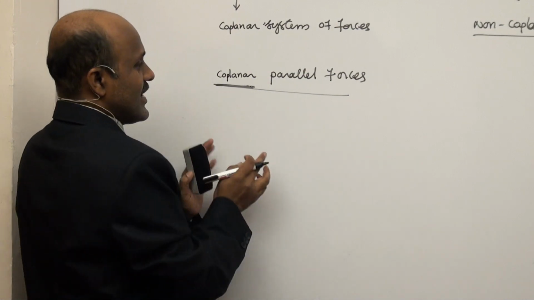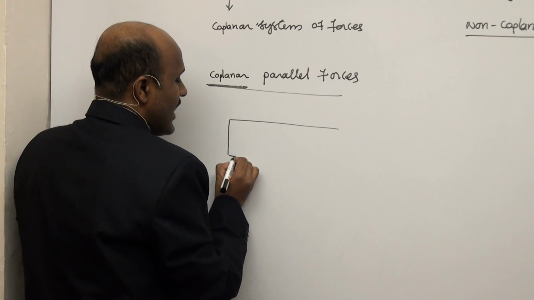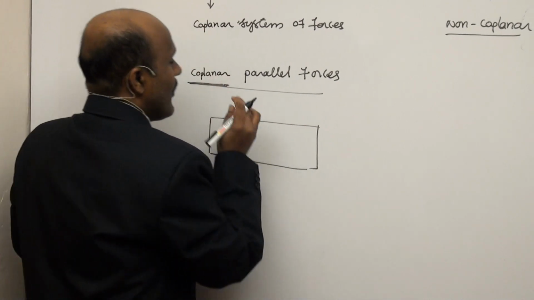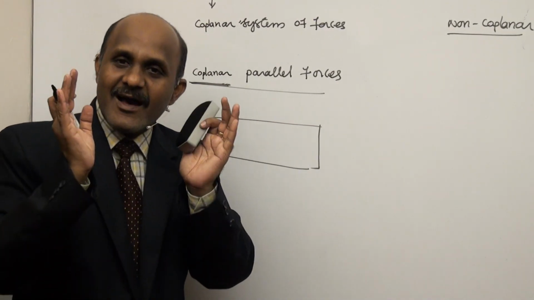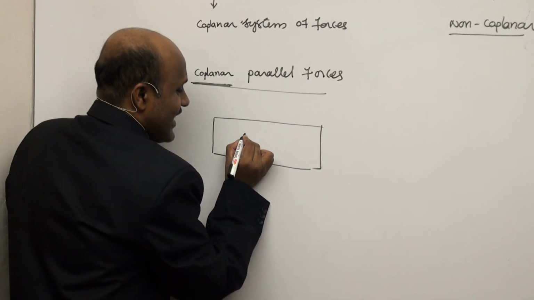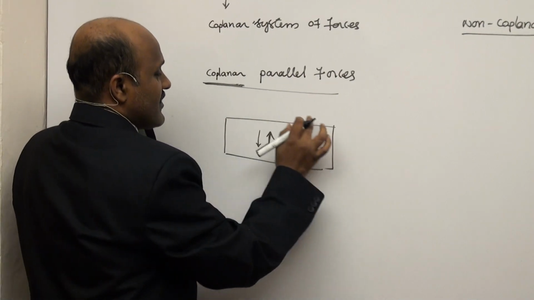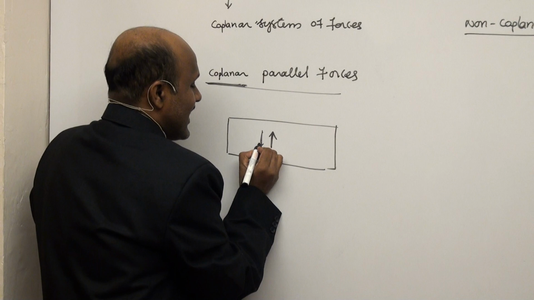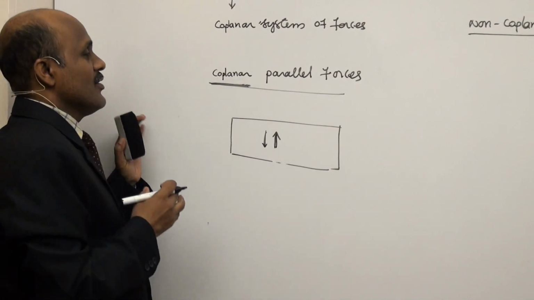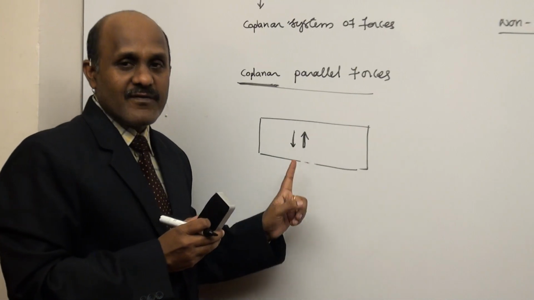That is coplanar parallel, so there are two conditions. Coplanar is nothing but all forces and their line of action must be in one plane, and their line of action is parallel to each other. All forces are in one plane, but their line of action is parallel to each other. So this is called coplanar parallel forces.